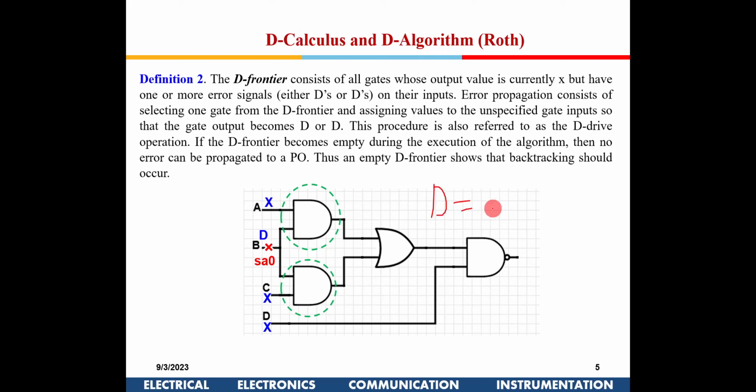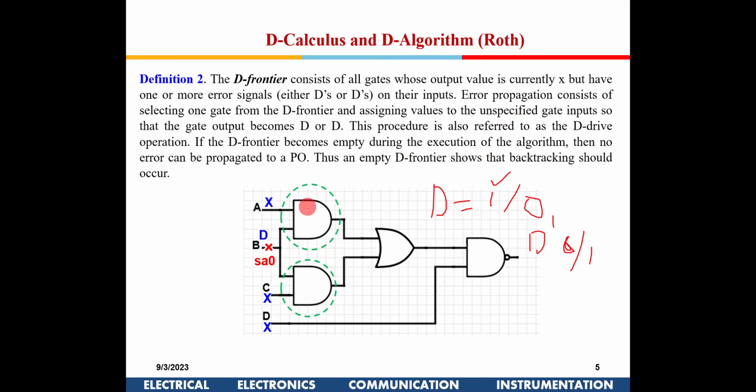Anybody? 1/0. Yeah, 1/0. That means if it's a fault-free operation, it is 1, and if there is a fault, it is 0. Similarly, D bar stands for 0/1. So now if one or more of the inputs is a D, then we put this gate into the D-frontier.